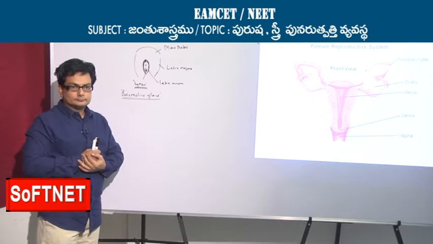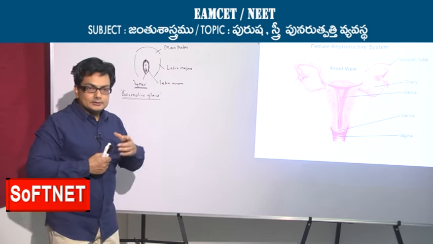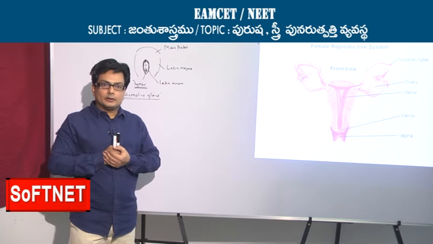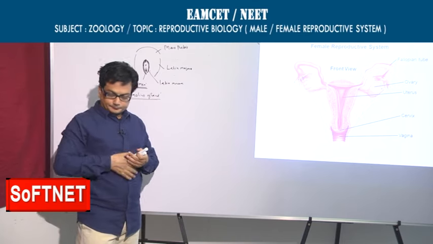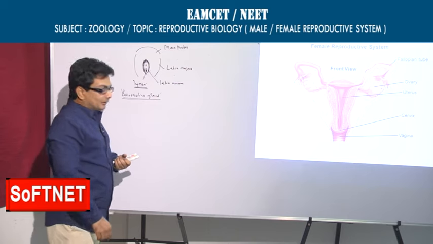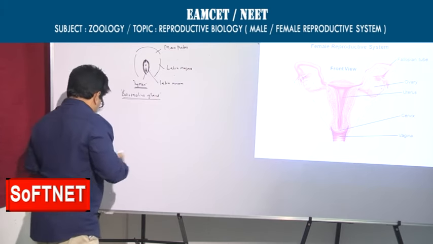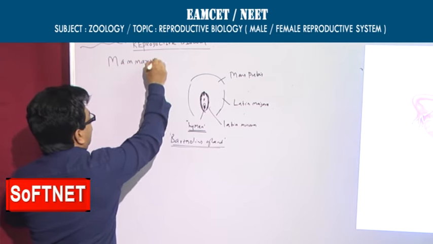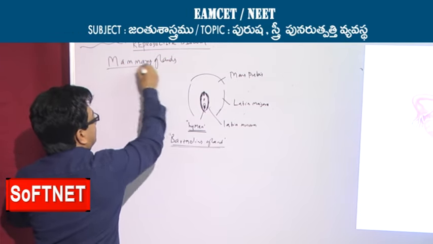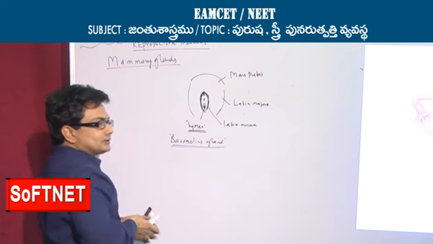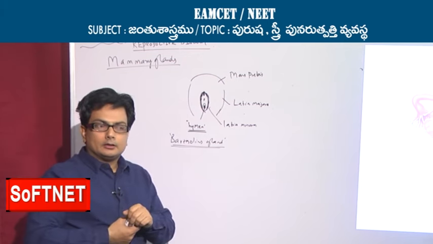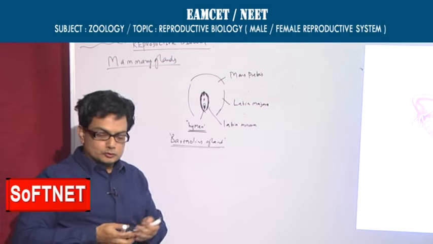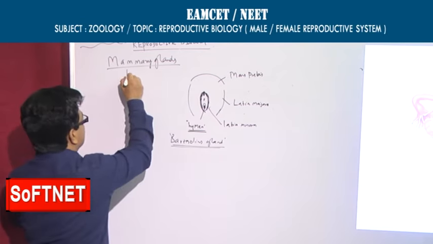The last part of the female reproductive system will be the mammary glands. See, when we study the mammary glands in a female, the mammary glands will have, deep inside, lobes.